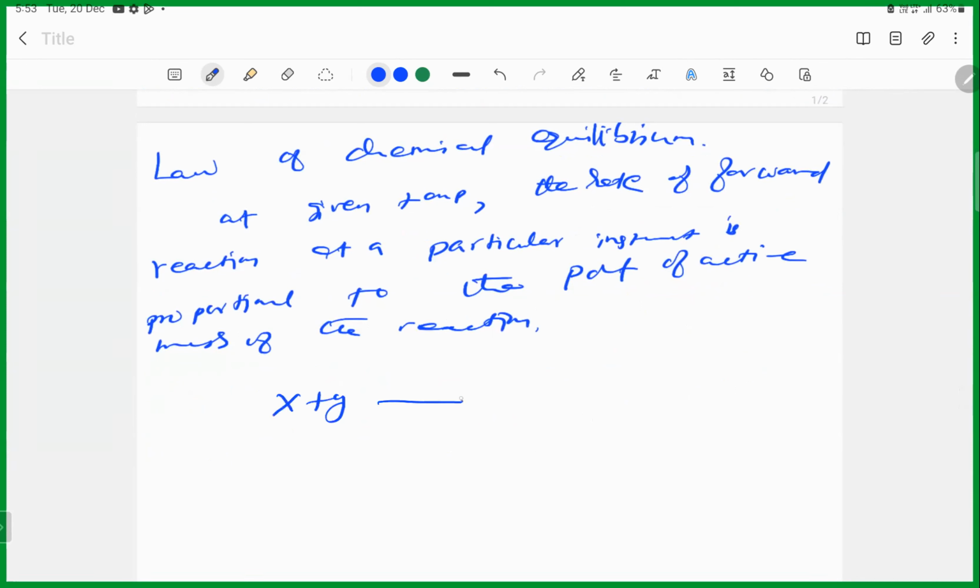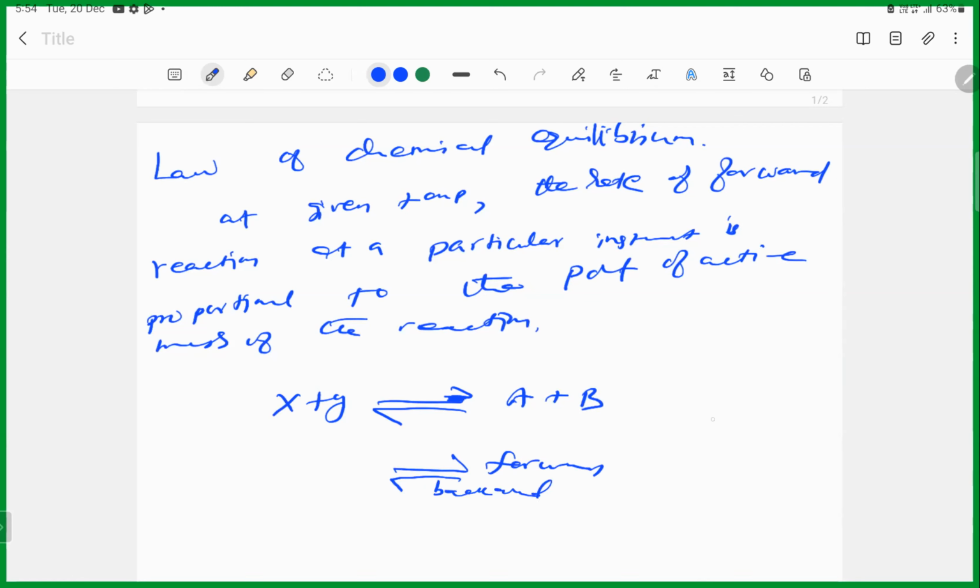It gives A plus B as the product. When you put the symbol as a one-headed arrow, it is forward. When you put the same symbol backward, it is called backward.